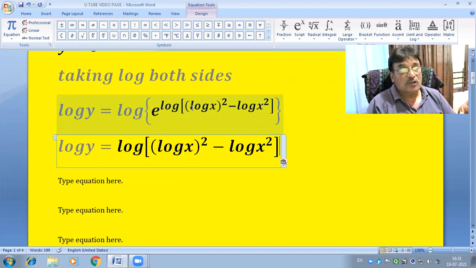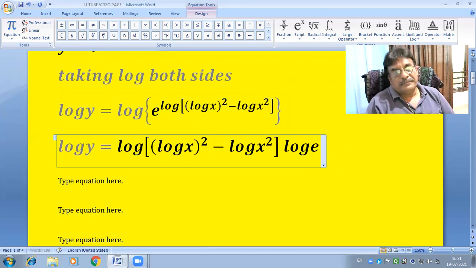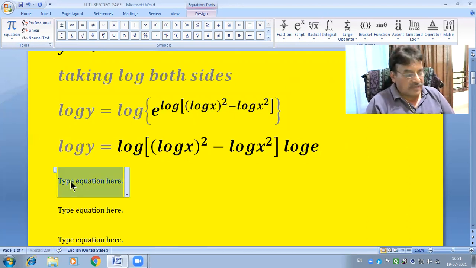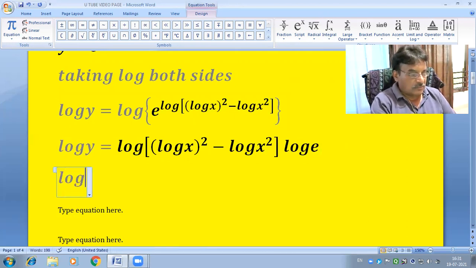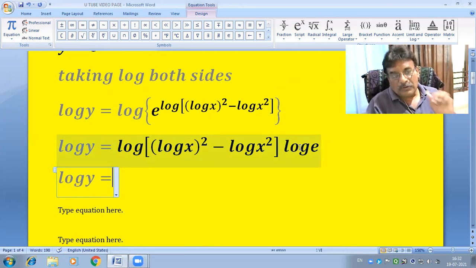Similarly here, log e to the power log in bracket (log x)² minus log x² can be written as log in bracket (log x)² minus log x² into log e. Therefore here log y as it is equals, here log e is equal to 1. We know the logarithmic rule, the value of log e is 1.